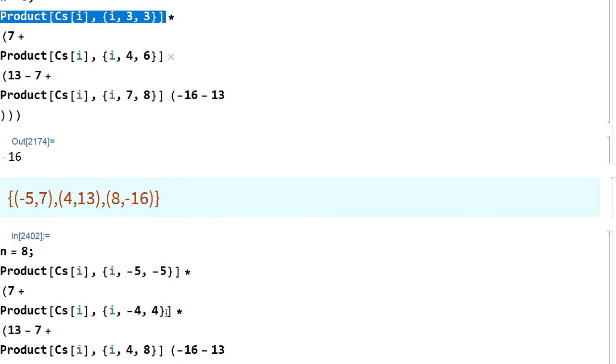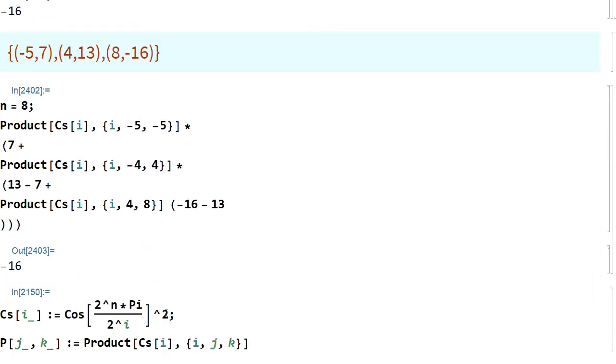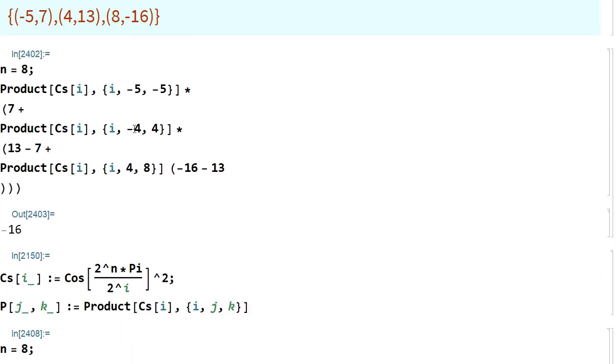So it might be good if we abbreviate this. This was just another example I did. But we can abbreviate this product here by assigning another function, let's call it p, and it takes two arguments, the lower bound and the upper bound. The upper bound is going to be the actual x value, the lower bound is going to be the previous x value plus 1.